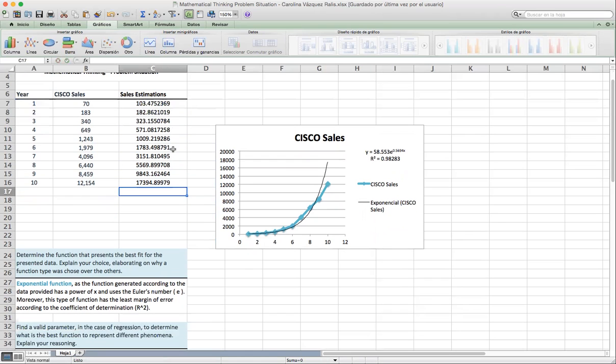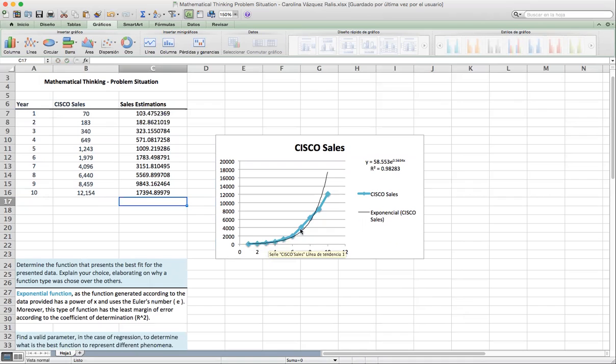Now, how can we determine the function that presents the best fit for the presented data? Well, in this case, we can obviously see by our graph that this is an exponential function because it is exponentially increasing. So when we insert the trend line, we have to make sure that we insert the exponential function, so we are going to get the actual accurate function and the actual valid parameter, okay?